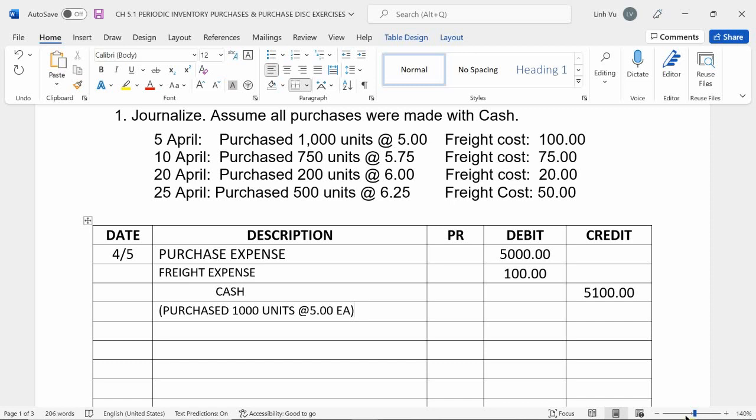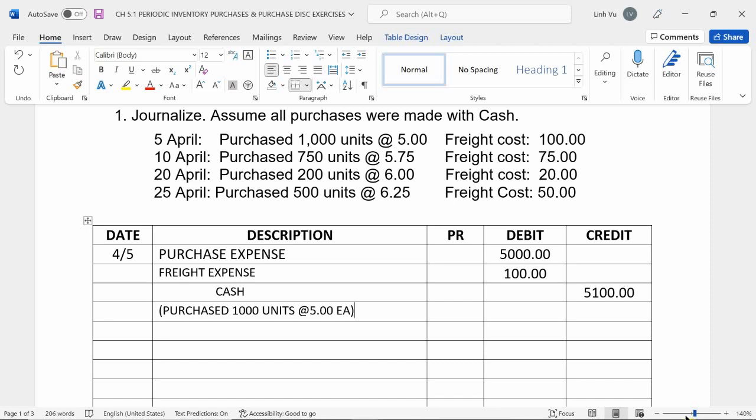Now, in this case, you don't have to say specifically the shipping cost you $100, because right here I've already identified that I had a freight expense, which is another word for shipping. So I don't have to reiterate something that's already obvious.